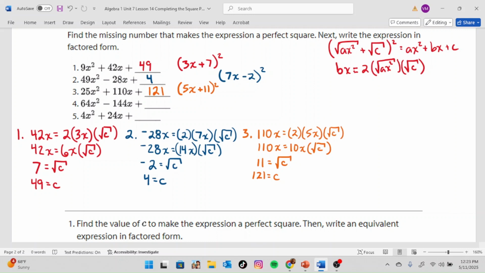Let's double check the answer. 5x times 5x is 25x squared. 5x times 11 is 55x, times 2 is 110x. And 11 times 11 is 121. These are the correct answers for number 3.